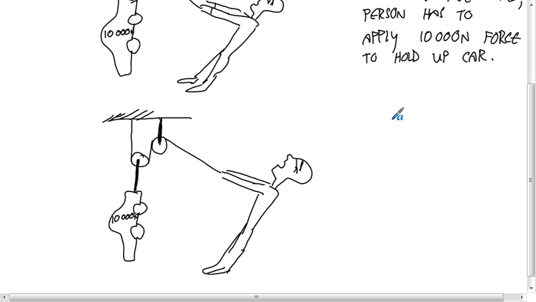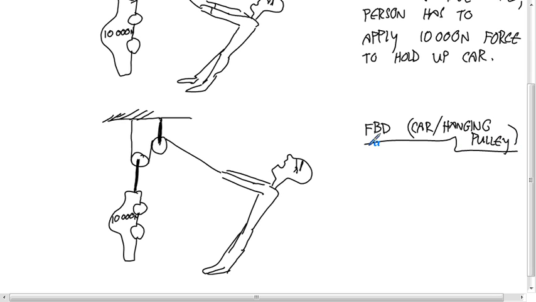Okay, so let's take a free body diagram of the car and the hanging pulley, that whole system. So there's the car.